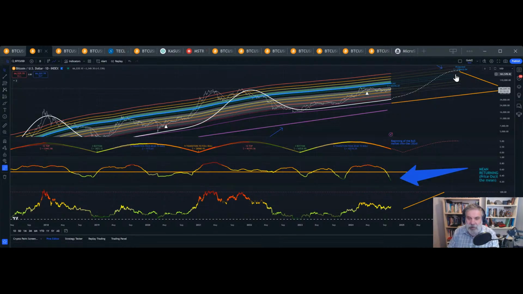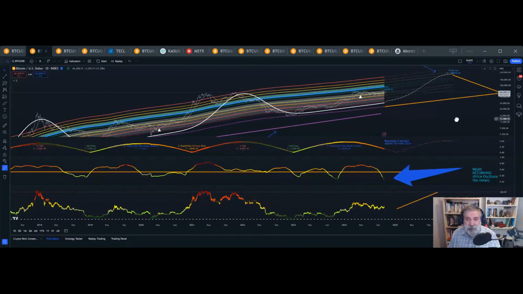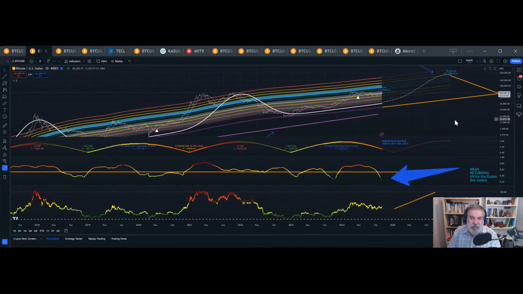Remember, the power law theory at its core says, I don't see any bubble. That is what the power law says. Where the power law is tested is the bottom, right? If we don't go back to the bottom, or we go too low from the bottom, or we stay too high from the bottom, then that is going to make us reconsider. We will have to go back and say, okay, what is going on? Why is it not happening?